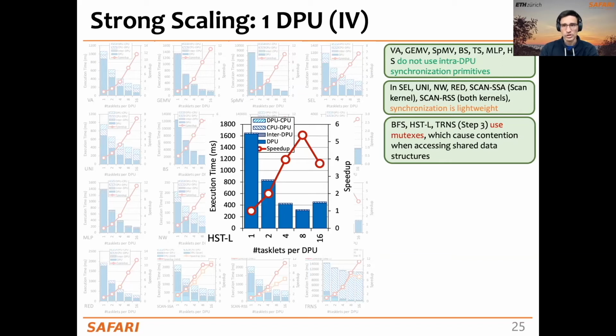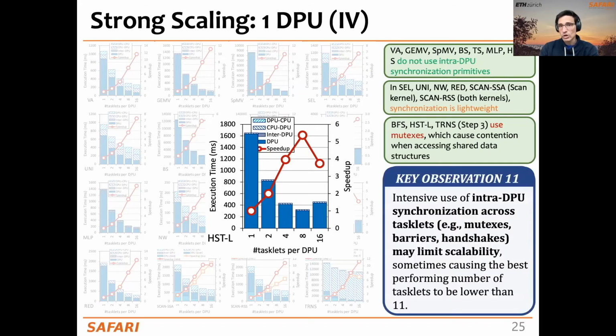So intensive use of intra-DPU synchronization across tasklets using mutexes, barriers, handshakes, etc. may limit scalability, and sometimes causes the best performing number of tasklets to be lower than 11.